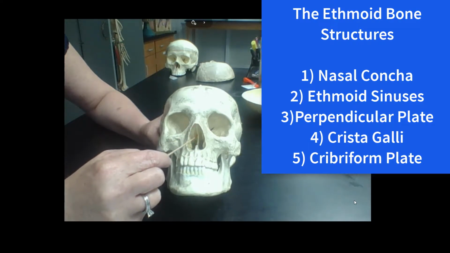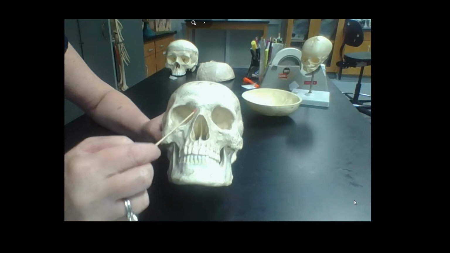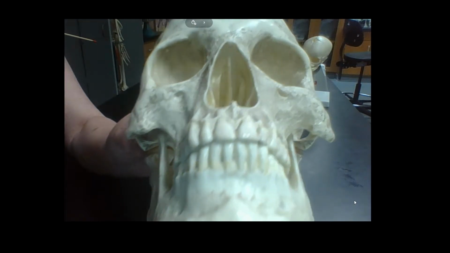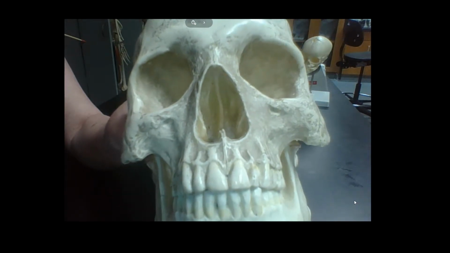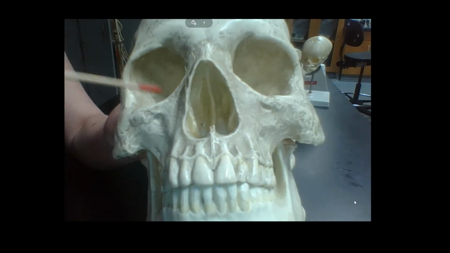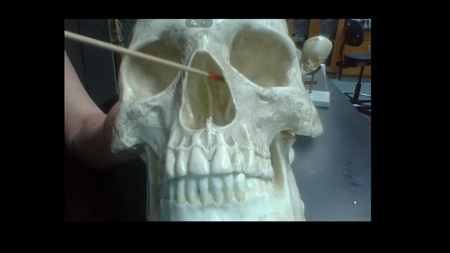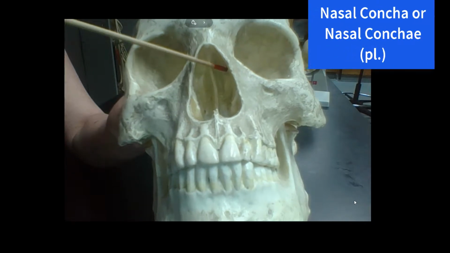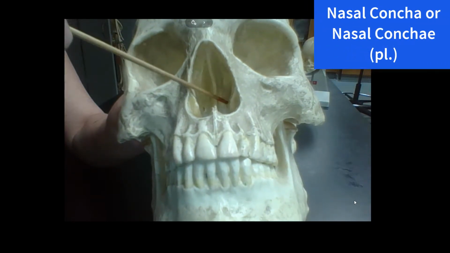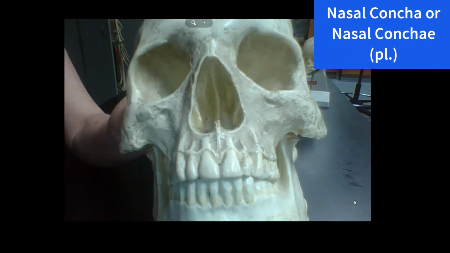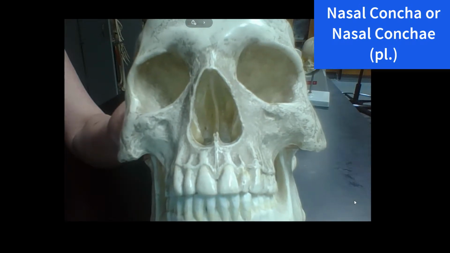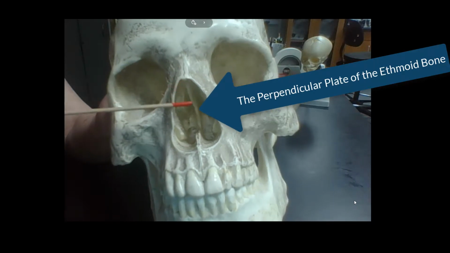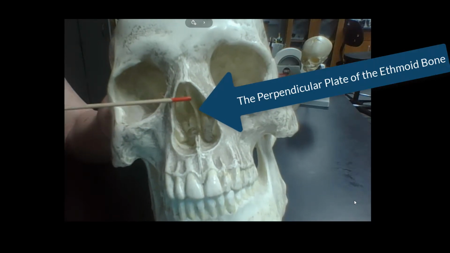When you look very closely, this one doesn't have it quite as pronounced as some other ones do. There are some round structures that are on the walls of the nasal cavity here. Those would be the nasal concha. Concha meaning shell, because they kind of look shell-like. Area here would be the perpendicular plate of the ethmoid bone.